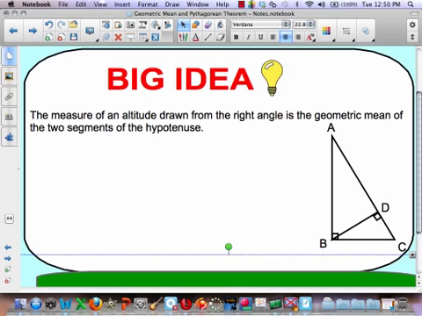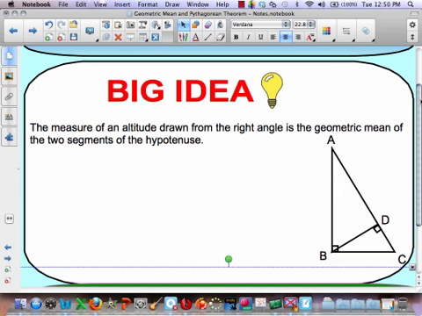And so we get this really long sentence here. The measure of an altitude drawn from a right angle is the geometric mean of the two segments of the hypotenuse. Okay, so who's royally confused right now based on that verbiage?